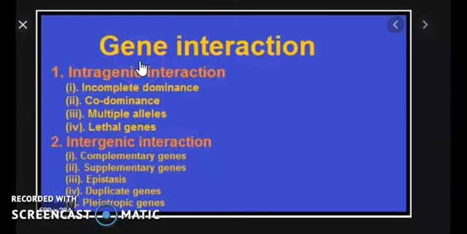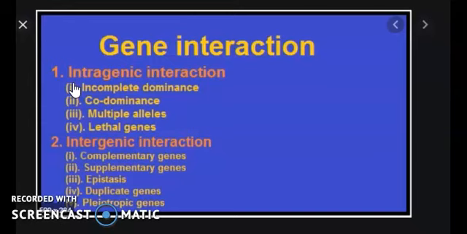Gene interaction. The modification of the normal phenotype of certain genes by other genes is known as gene interaction. Gene interactions are of two types. First, intragenic interaction, and second, intergenic interaction. First, intragenic interaction.